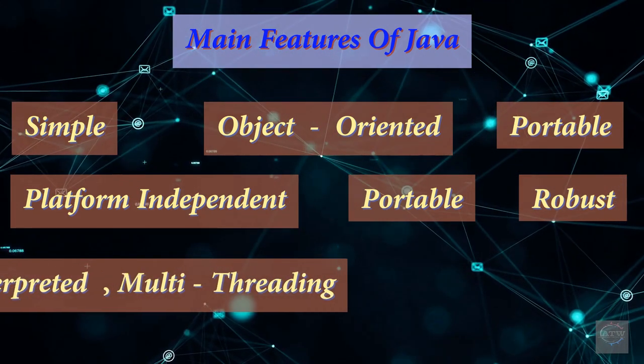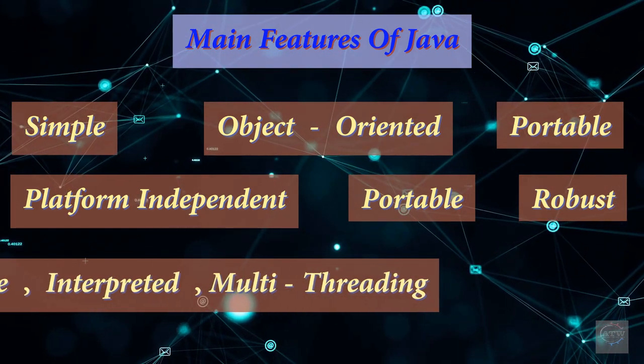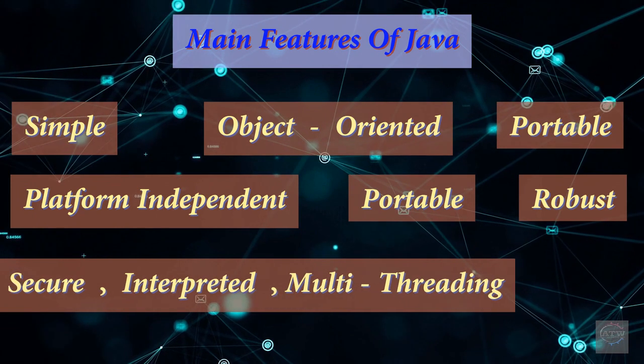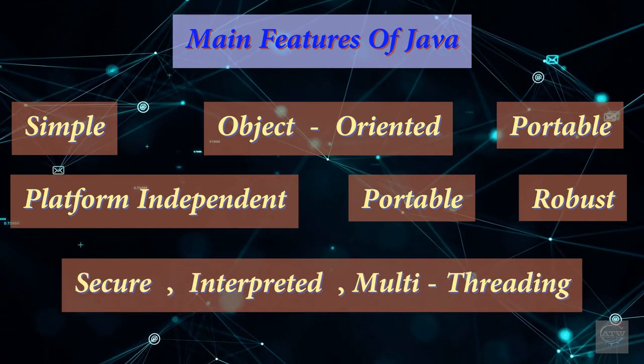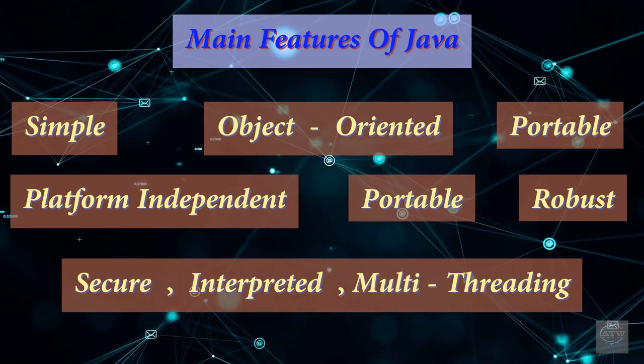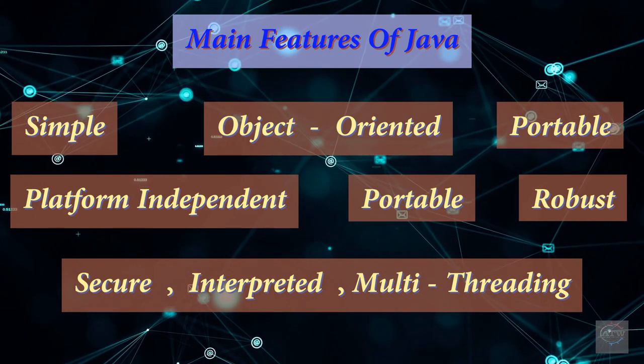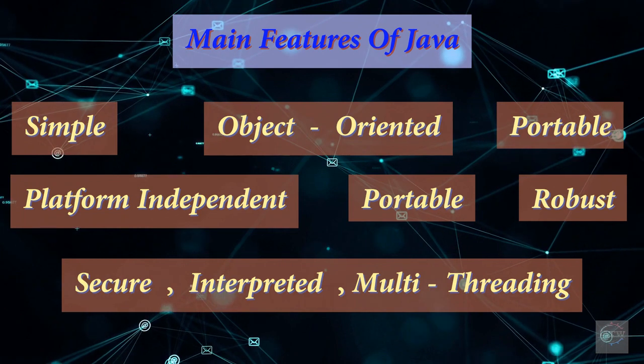And a Java program is robust. Why? Because it has the best exception handling, which will capture most of the issues. In low-level languages, in case of any exception, the machine will crash.